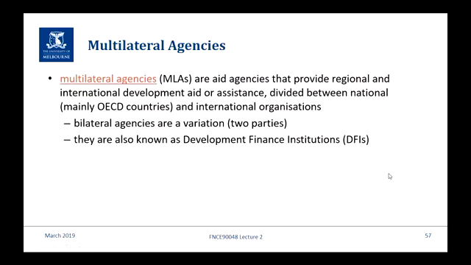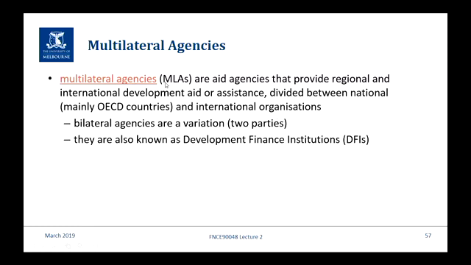So the other type of potential lenders in the other category are what I've introduced as the multilateral agencies. And essentially multilateral agencies are, as it says here, aid agencies. They're bodies that have been set up to assist, in most cases, development, so providing development aid or development assistance. And there's national organisations and there's international organisations.